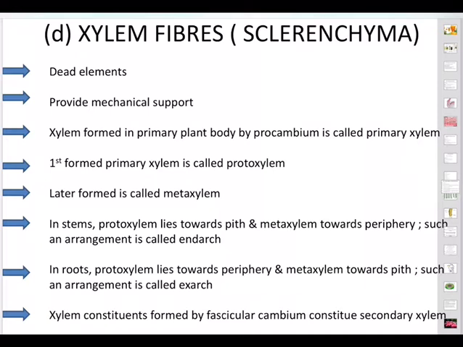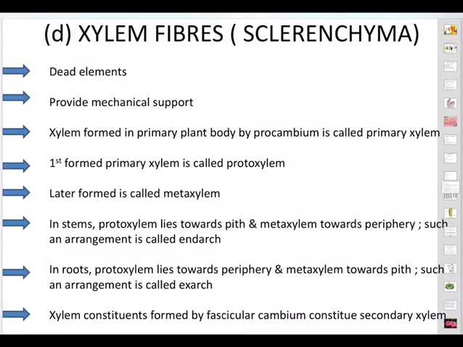And xylem can be exarch, that is protoxylem lies towards the outside of metaxylem; endarch, protoxylem inner to metaxylem; mesarch, protoxylem in between metaxylem; and centrarch, protoxylem in center of metaxylem. Depending upon the position, we are giving various technical words such as exarch, endarch, mesarch and centrarch.